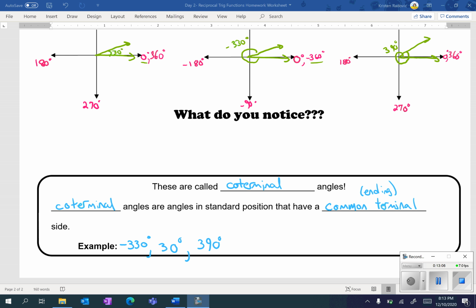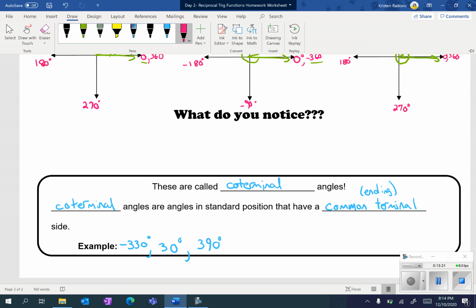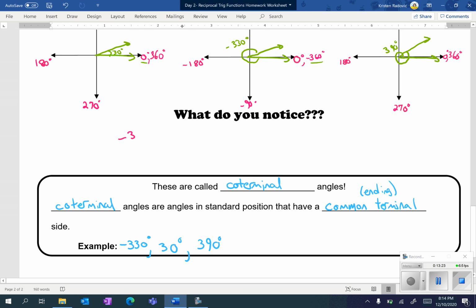Now, think about it. If they end in the same spot, it's because they did one full revolution around the circle and ended in the same spot. So one full revolution of a circle is 360 degrees. So check it out. We start with negative 330 plus a full circle of 360 degrees will bring me to my coterminal angle of 30.